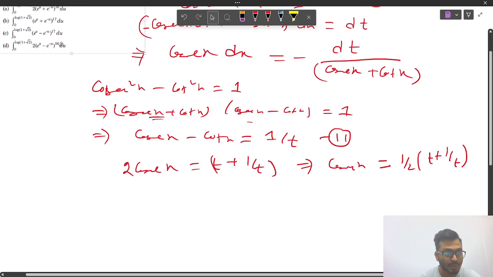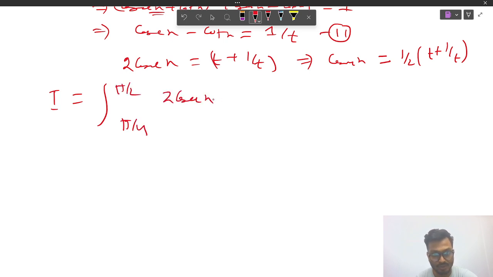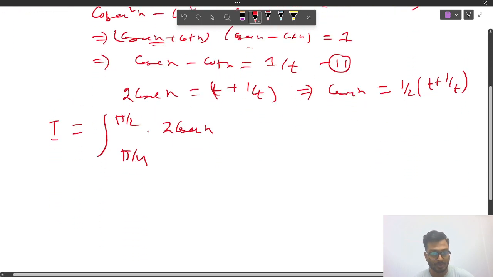Now what is given? Let I equal the given integration from pi by 4 to pi by 2 of cosec x to the power 17 dx.